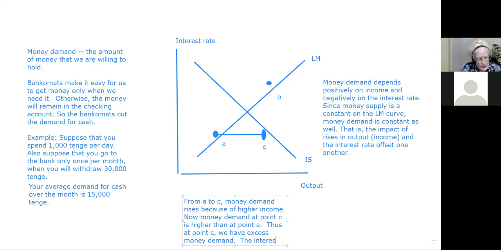The interest rate must rise in order to bring money demand back to its original level.